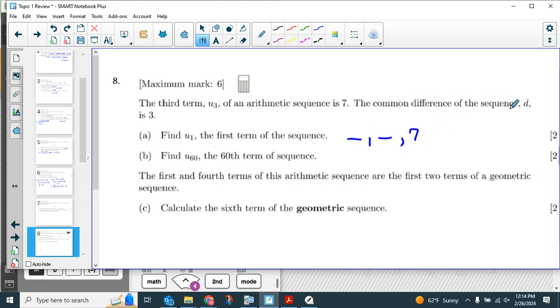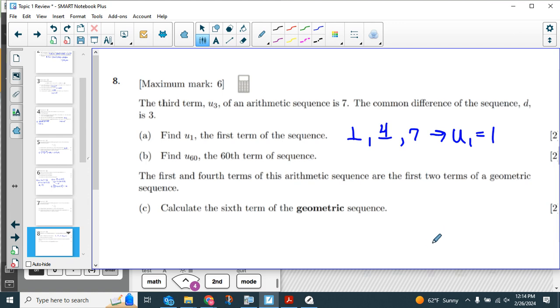I know that my common difference is 3. That means I go up 3 every time to get my next term, which means this has to be 4 and that has to be 1. So it's perfectly acceptable to reason your way through it as well. So u sub 1 is equal to 1.